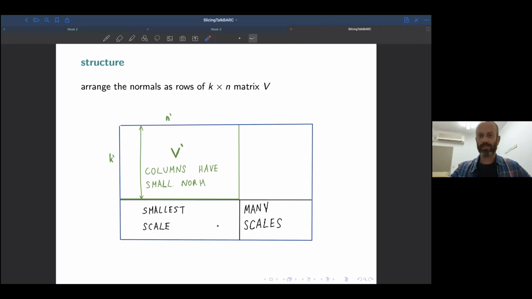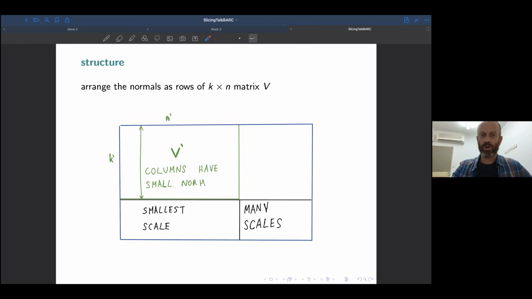The second part is that in the remaining thing here, the part that remains, every single column has very small norm.